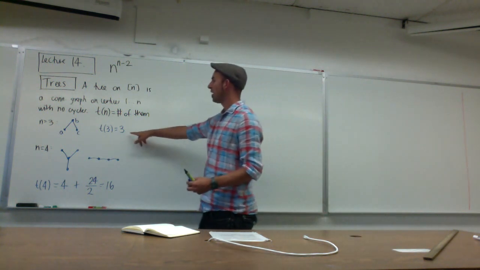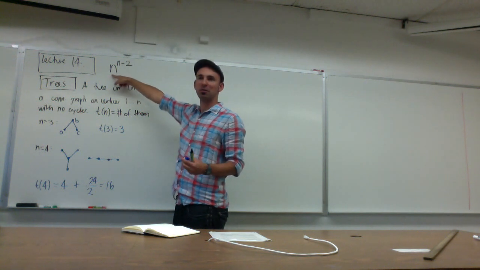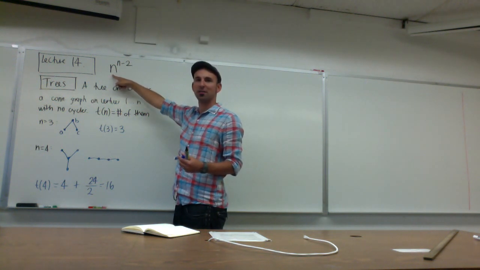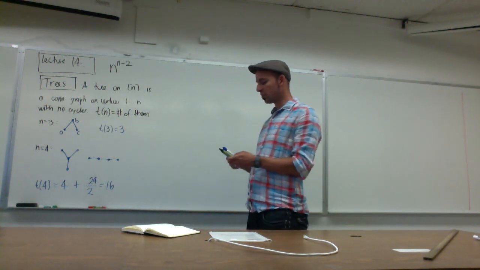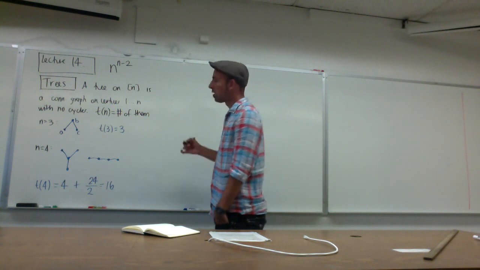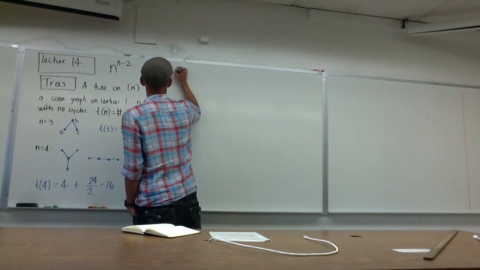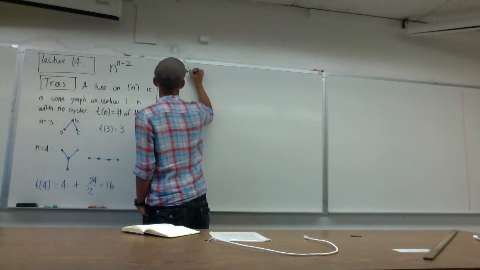Okay, so let me give away the punchline. For n equals 3, this is 3. For n equals 4, this is 16. And so we're going to show that T of n is n to the n minus 2. So how are we going to do that? Well, let me define something auxiliary called a rooted tree.